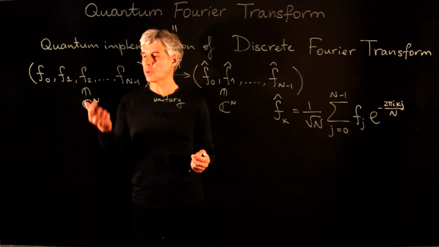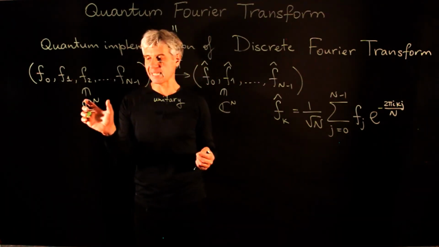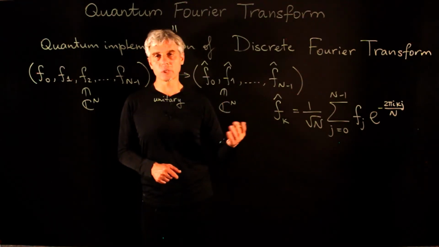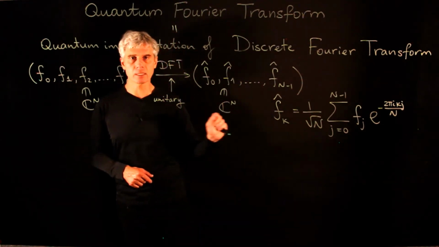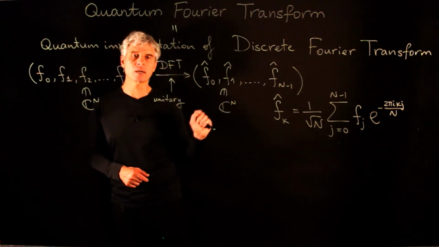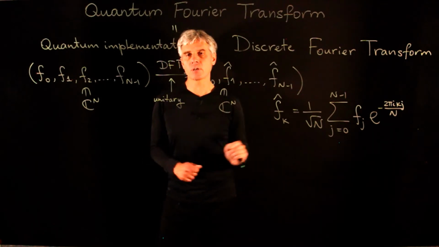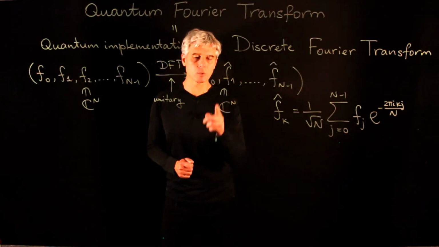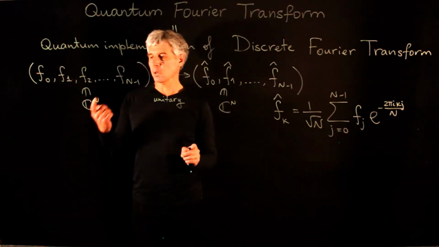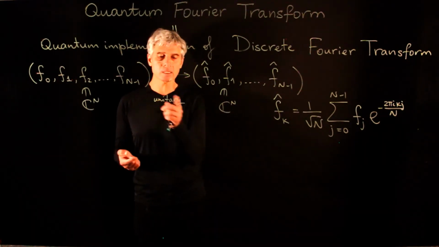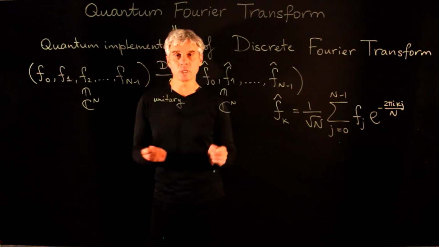And here we go from one orthonormal basis, the standard basis of Cn, to another orthonormal basis. We saw that these vectors that are samples of exponential functions form an orthonormal basis of Cn. Because we change from one orthonormal basis to another orthonormal basis, this transformation is unitary.